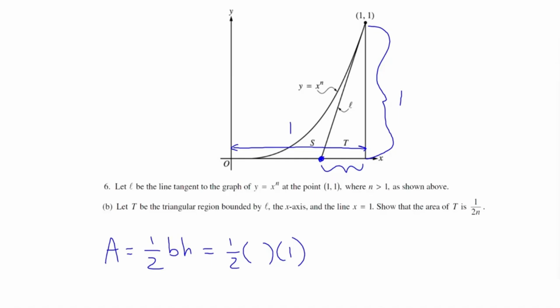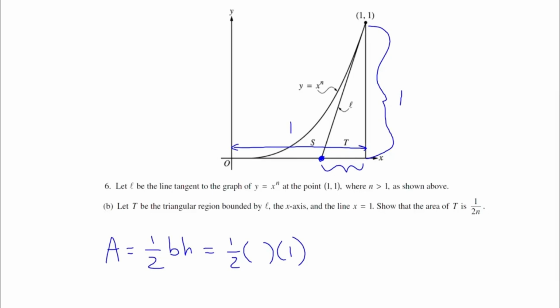And in order to figure out what the x-intercept of that line is, we need to know what the slope of that line is. And the slope of that line comes from the derivative of the function x to the n at x equals 1.